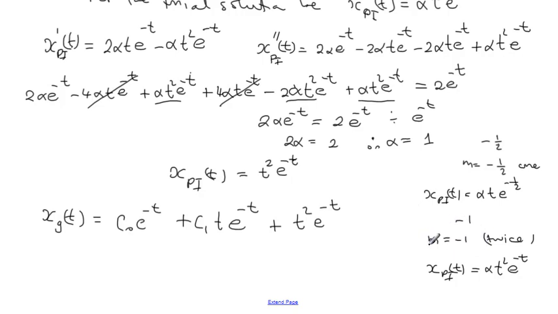But in practice, when you see the root appearing once, then immediately suggest your solution to have an alpha t to the power 1 and multiply by the same kind of an exponential function with the same scaling factor here.